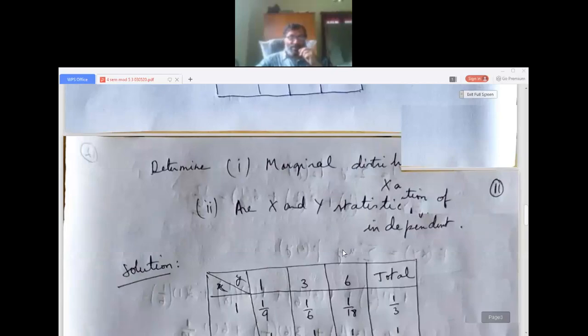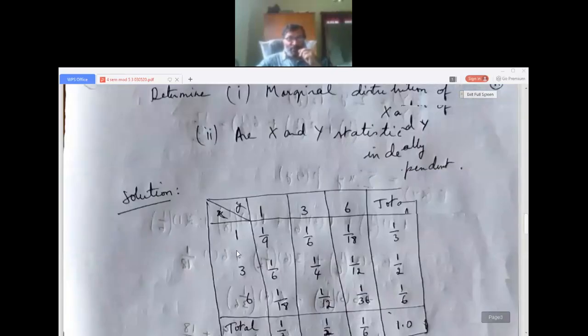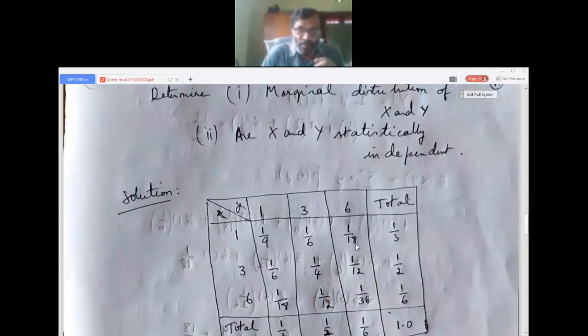Okay. Then total: add 1 by 9 plus 1 by 6 plus 1 by 18. There are many methods of adding, and it is simple. If you want it in fraction form, the highest denominator here is 18. So 1 by 9 becomes 2 by 18, 1 by 6 becomes 3 by 18, and here 1 by 18.